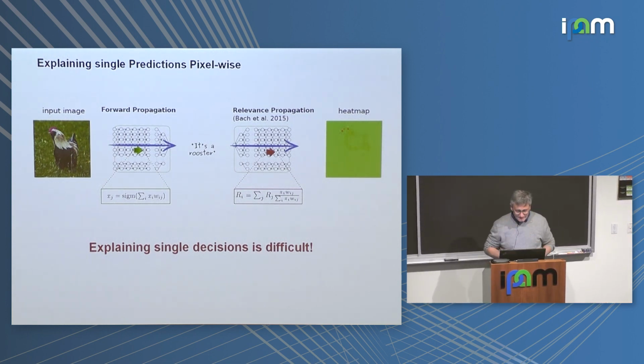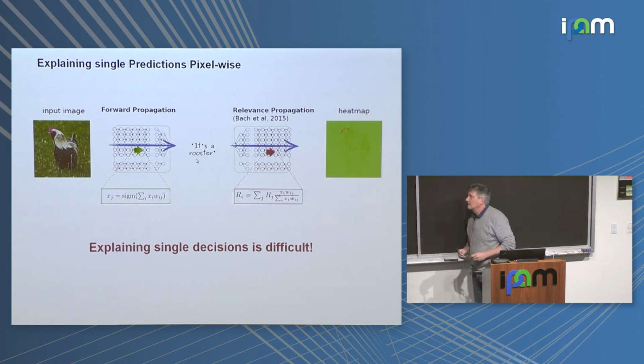So assume that you are now giving a new data point to this model, which is, for example, a new picture of a rooster that the model has never seen. Sure enough, since the model is generalizing well, it will classify this into the rooster class.